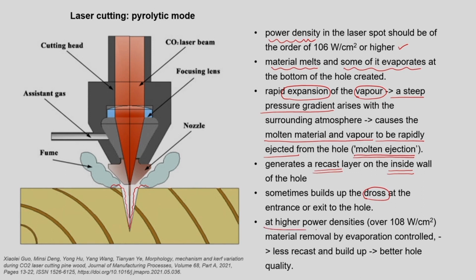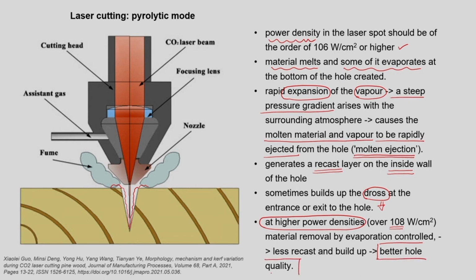If we go for much higher power densities, say more than 10^8 watt per centimeter square, this dross can be reduced. Some minimum amount of dross will certainly be there, but by applying higher power densities we can easily reduce it, and this will generate a better quality hole.